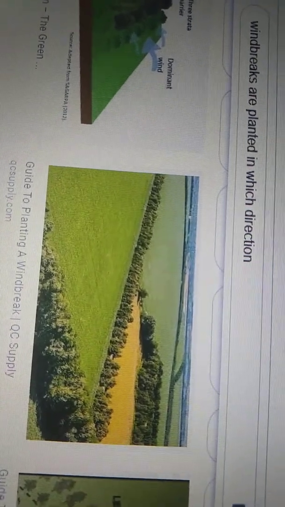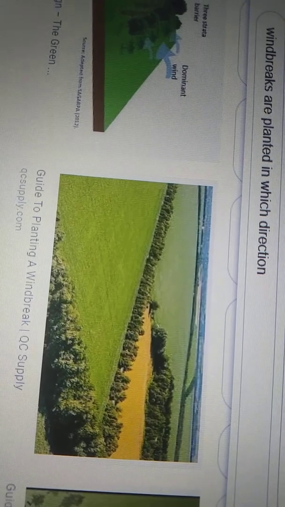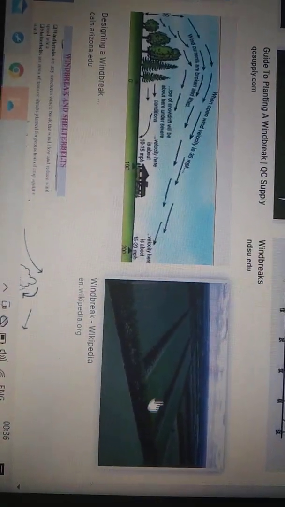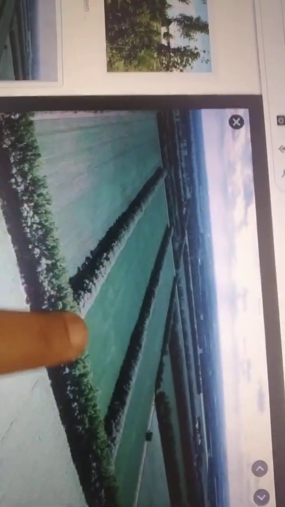The land is thus saved from wind erosion. These rows of trees or hedges are called windbreaks. Are you seeing this figure also? In this manner, these are called windbreaks.